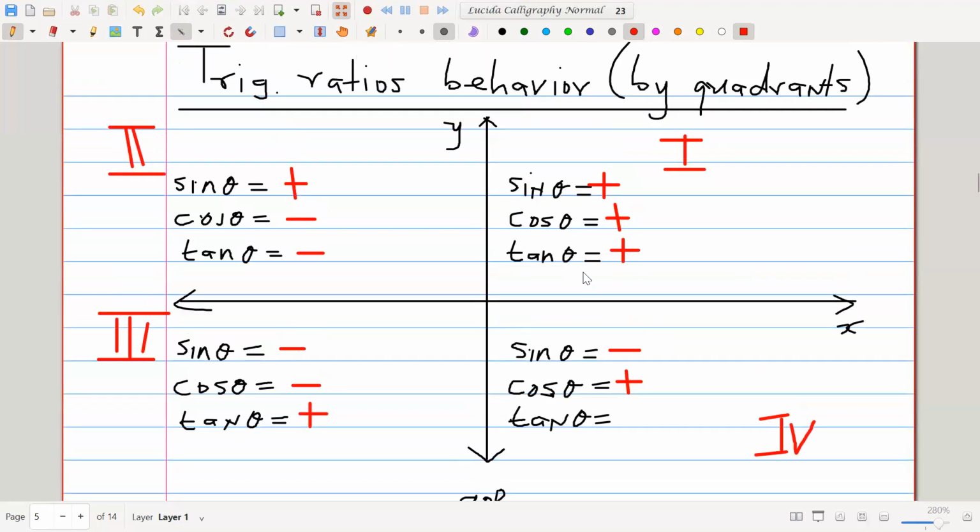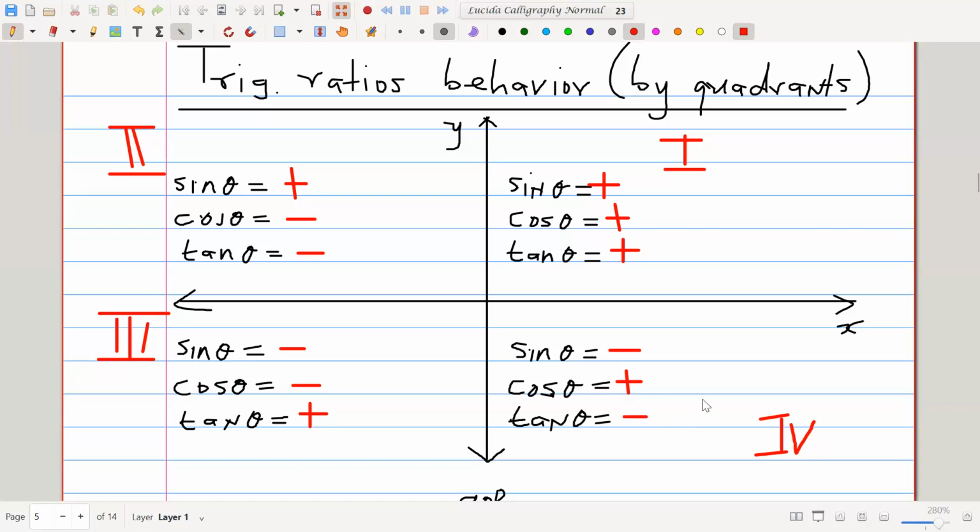What is the sign of x values in this quadrant, as we're looking from this line towards the positive side? X values are positive. So we'll have a positive, which is x divided by r, which is always positive. That's why you end up with that. And then tangent is y over x, but y is negative. Even though x is positive, this will give you a negative result.